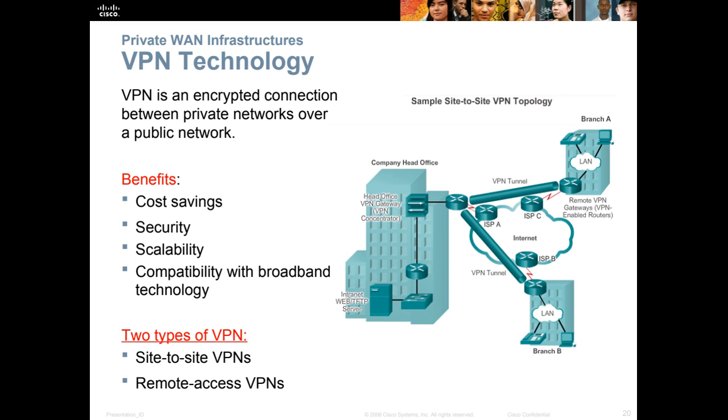Benefits: cost saving, security, scalability, compatibility with broadband technologies also. We have 2 types of VPN, site-to-site VPN and remote access VPN. Okay. This is site-to-site VPN here. And this is site-to-site VPN. And in the lab, we will do site-to-site VPN. Not here. No, it's not shown here.